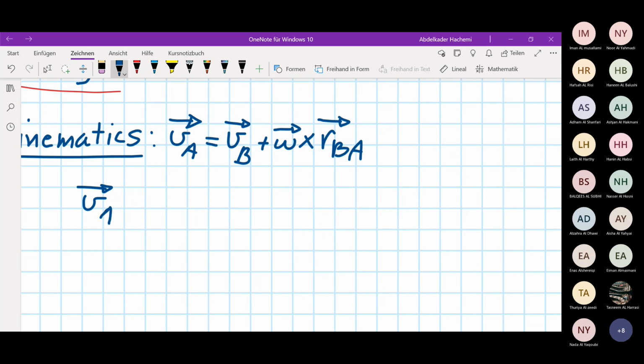V1 is the velocity of the center, Vs, plus omega cross r, the distance between the center and the mass M1.